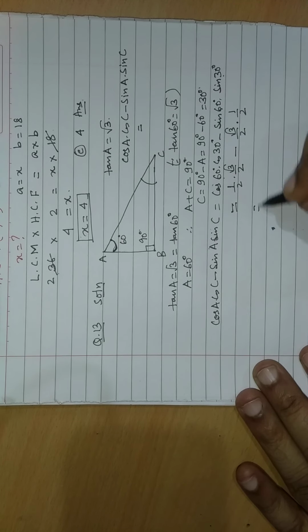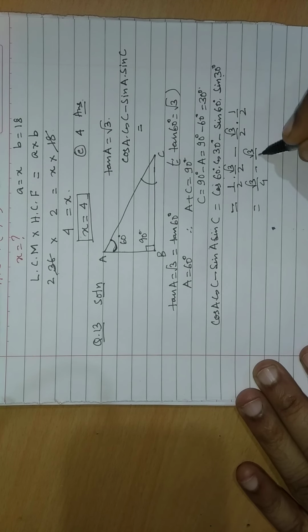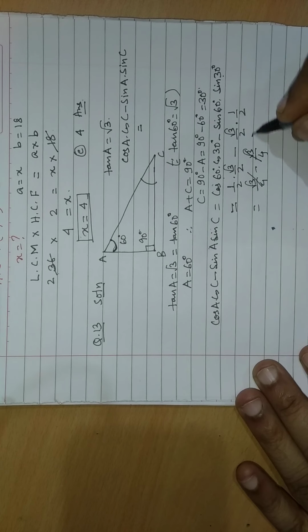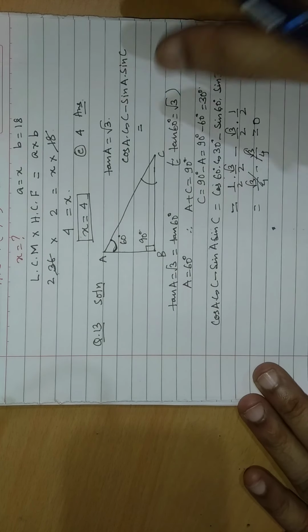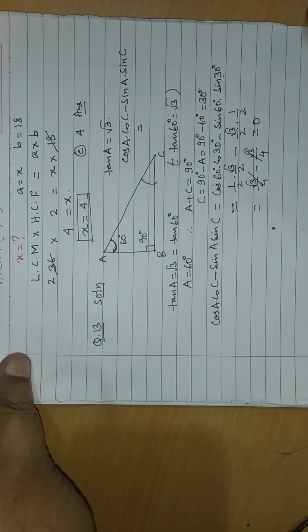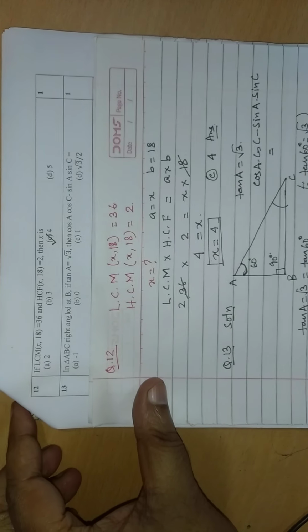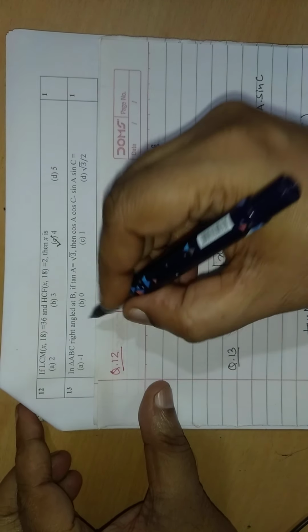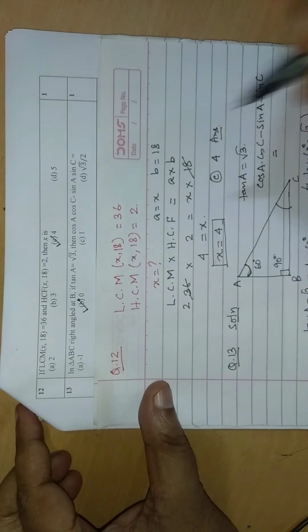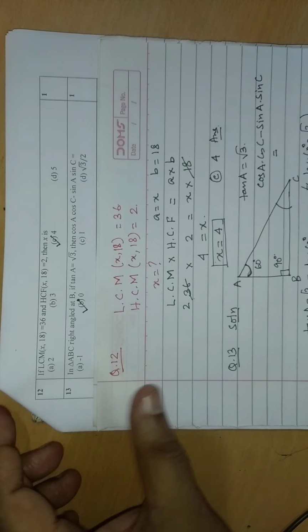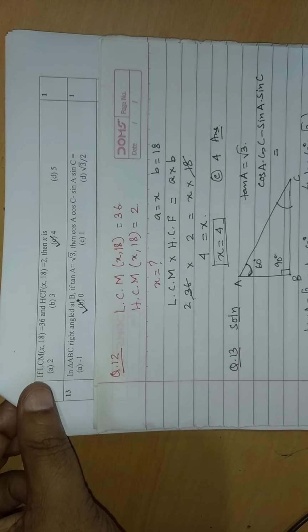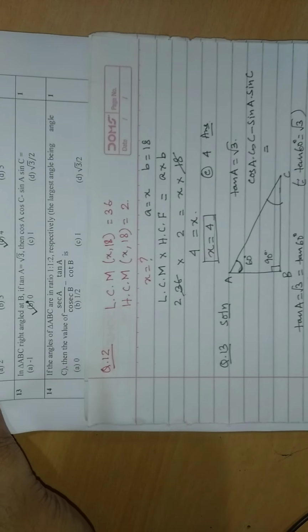So it is coming root 3 by 4 minus root 3 by 4. So both will cancel each other. So we will get 0. So answer will be 0. Here there are 4 options. So B is the correct option. So answer is B. I think you will have understood it.